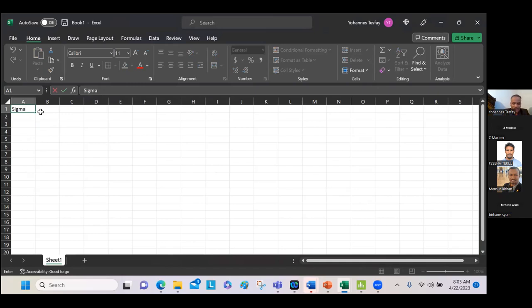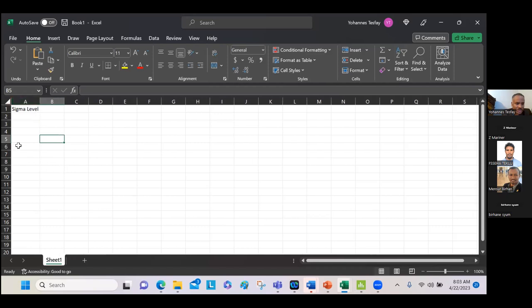Sigma level. See? Sigma level. Then sigma level is 1, 2, okay, 2, 3. Just like that. Defective, probability of success. Probability of good parts. Good parts.